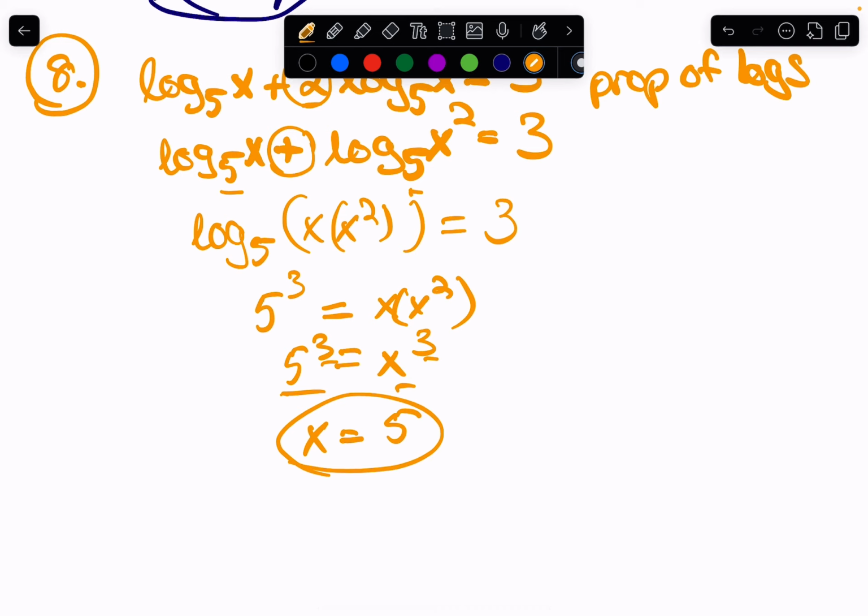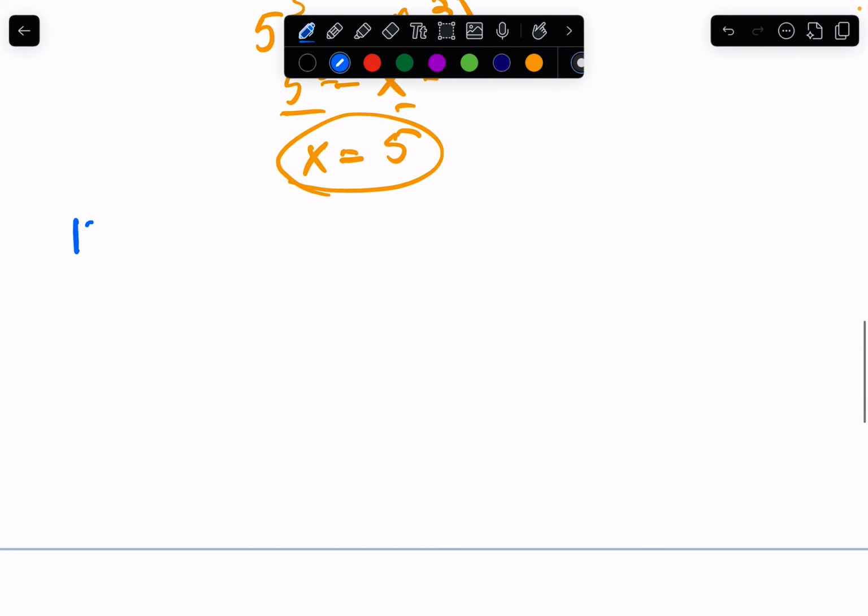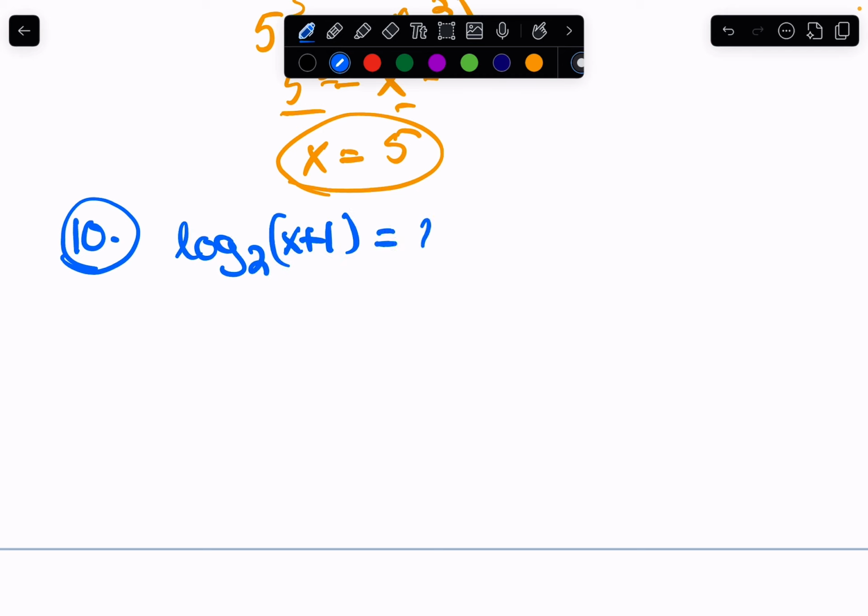Okay, next one. We're going to do number 10, log base 2 of x plus 1 equals log base 2 of 2x. Okay, we have the same base for the logs here.